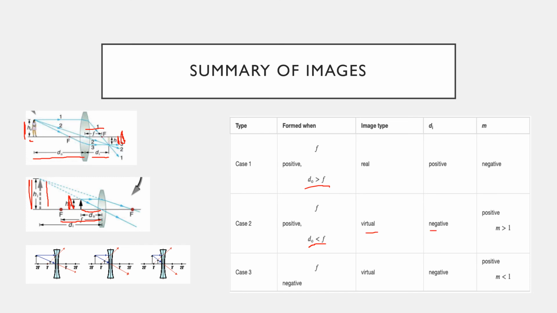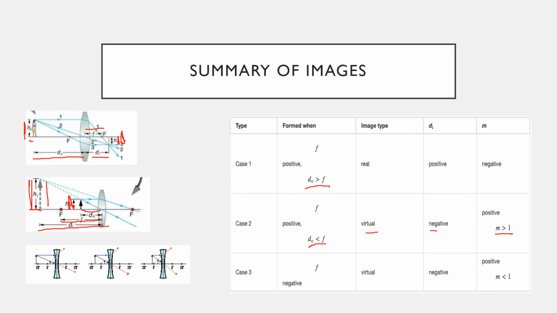And di is negative because the distance to the image is on the same side as the distance to the object. And then m, the magnification, is going to be positive because it is the height of the image divided by the object height. Clearly the image is going to be a lot bigger, so m is going to be positive and greater than 1. So we have a positive virtual upright image.